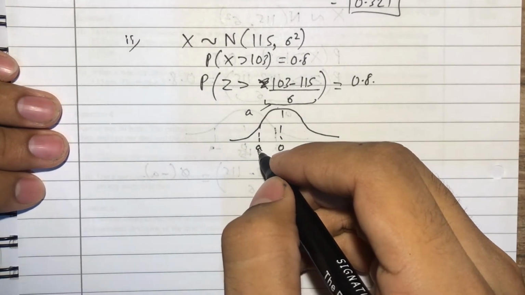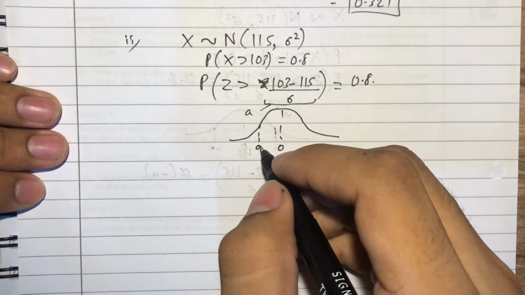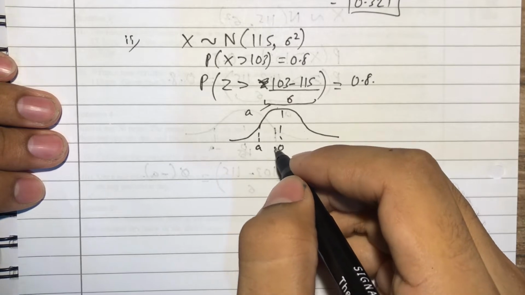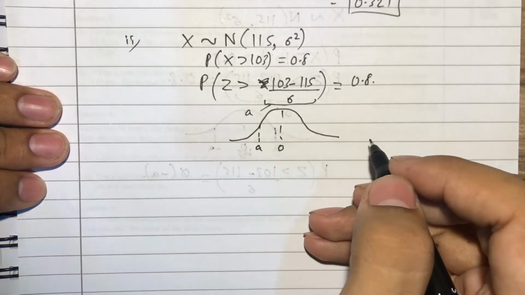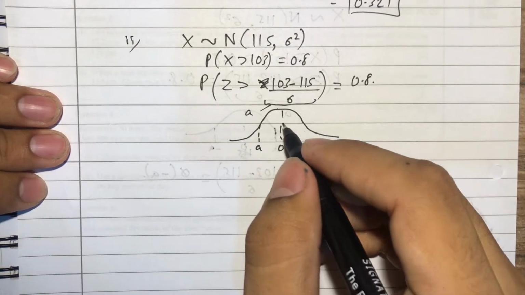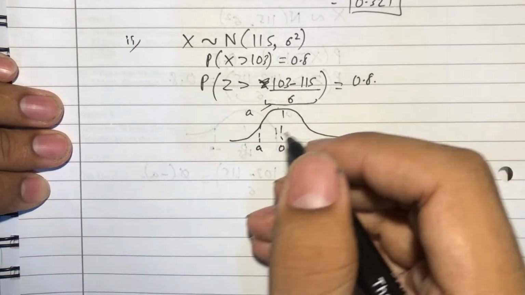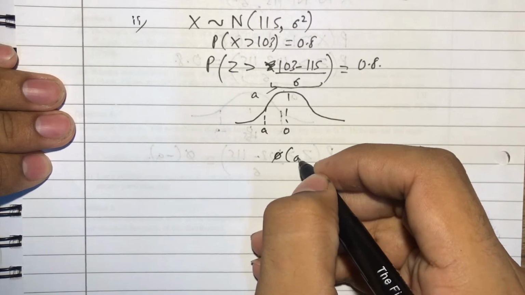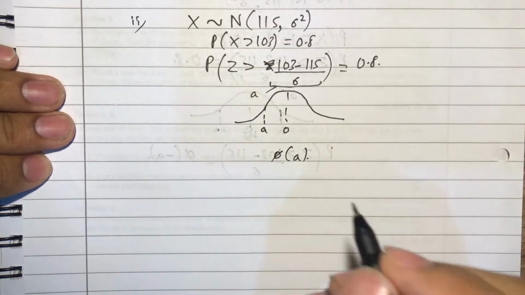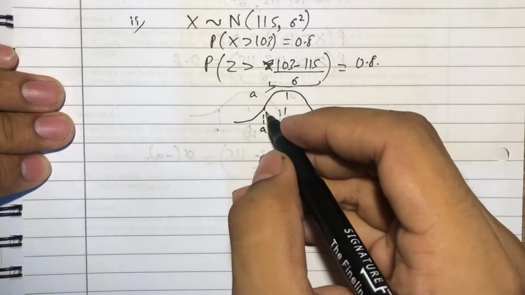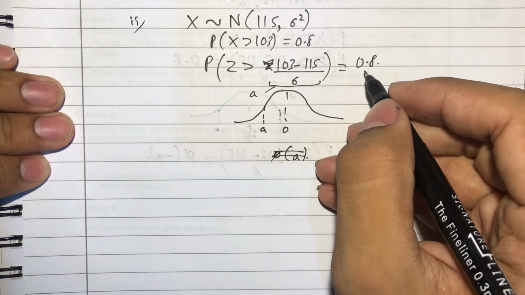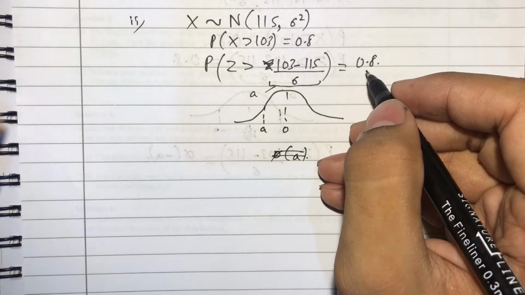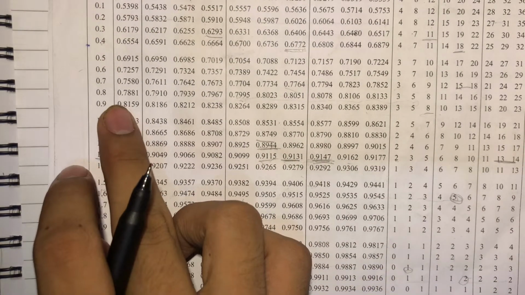If we had a and we had to find the probability of the region greater than a, then we would find phi of a, right? Now we don't have a, so we'll find the value at which the probability is 0.8.